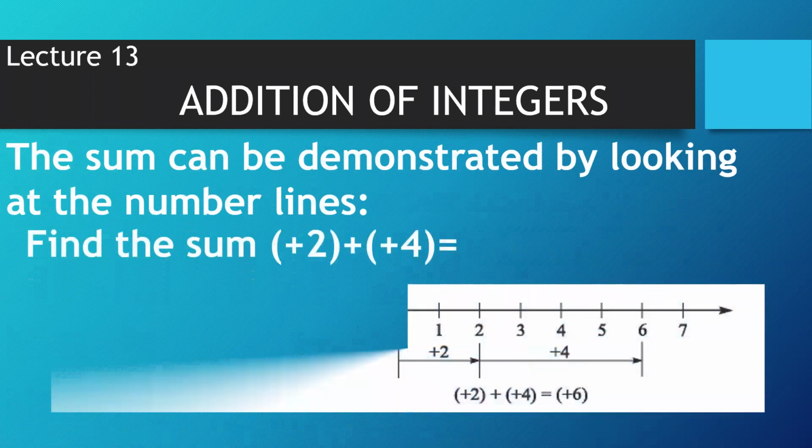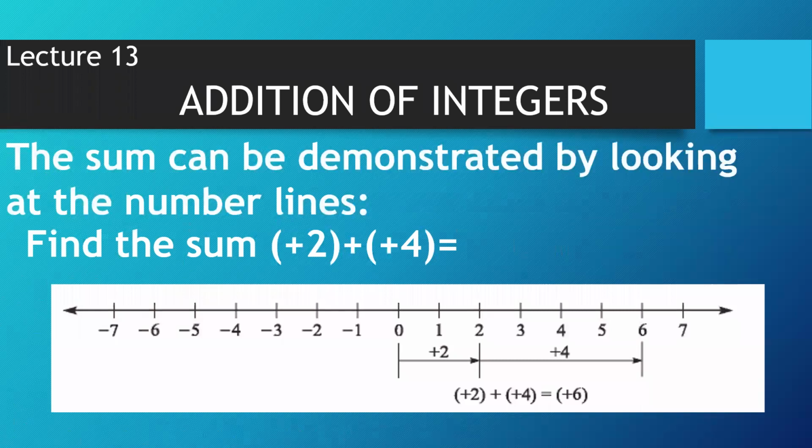For example, +2 plus +4. +2 is the absolute value, the distance from the origin, so you count from 0 to 2, and then plus 4, so you add four more units, and you reach the number 6. So the last answer is 6.